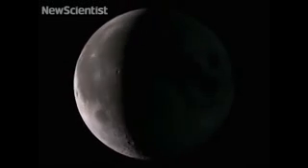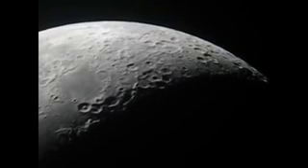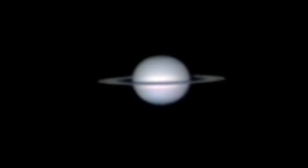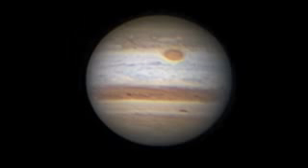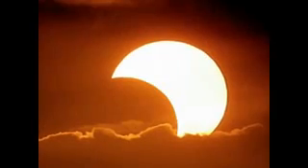This is how we know that not only is our moon spherical and goes through phases, but the planets in our solar system are also spherical in nature because of the spherical shadowing planets exhibit through telescopes.